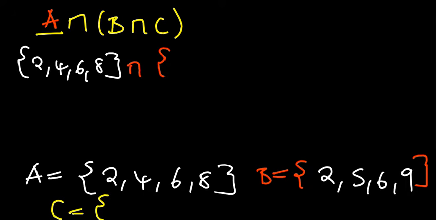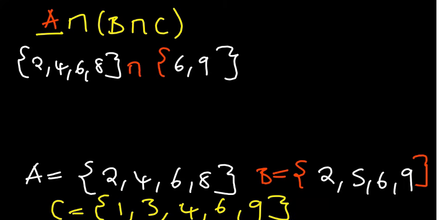So let's say we have 1, 3, 4, 6, and 9, right? So B intersection C, the common elements between B and C. Okay, what do we have? I can see 6 is common and 9 is common. So 6, 9.